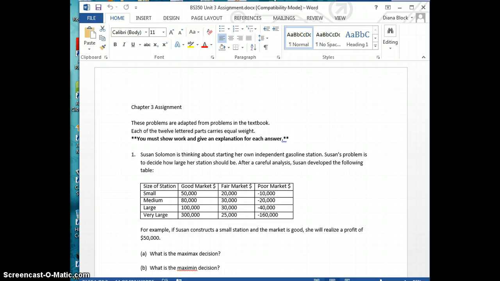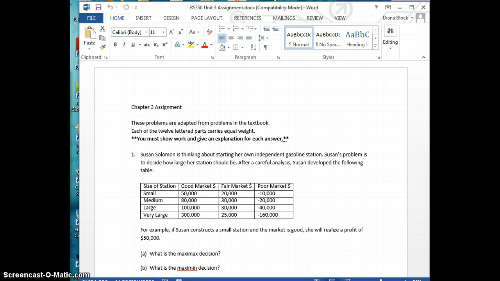The discussion is asking about a decision that you have made in the past, and it asks you to discuss the decision-making steps listed in chapter 3 as they relate to the decision that you made. So we've all made some decisions at some point, and we may have followed some or all of the steps listed as the official decision-making steps. And so we're going to just discuss that. And so that's for the discussion.